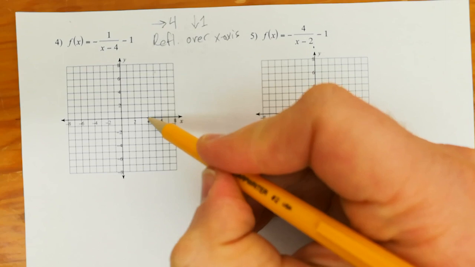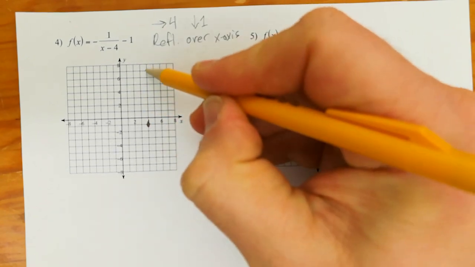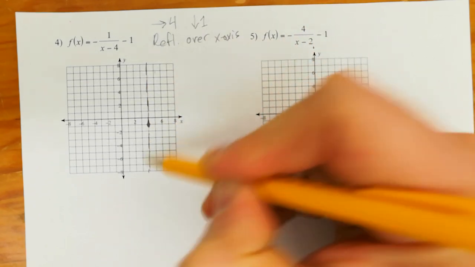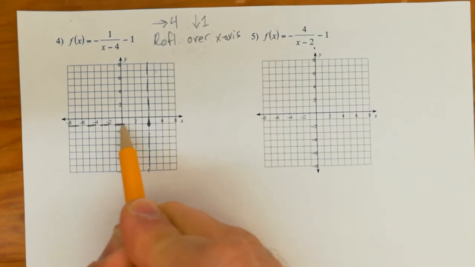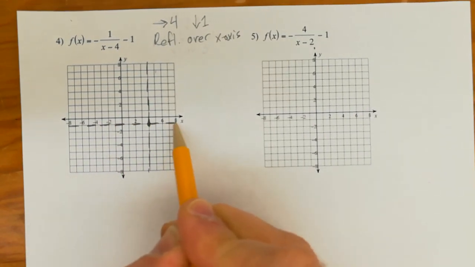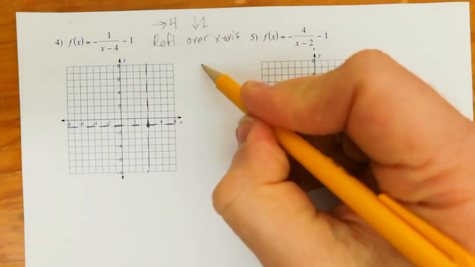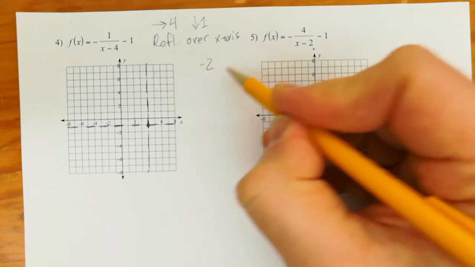So we're going to go right 4, down 1. So there's where the asymptotes are going to intersect. So we draw those, and that'll help out quite a bit. And then we think about those reference points. And yeah, you can go back and look at them. I might need to.